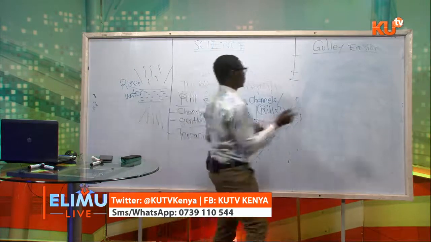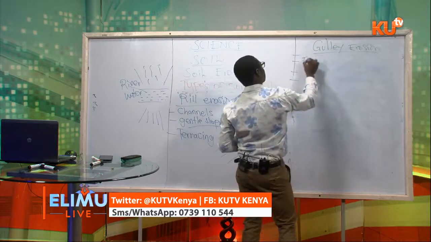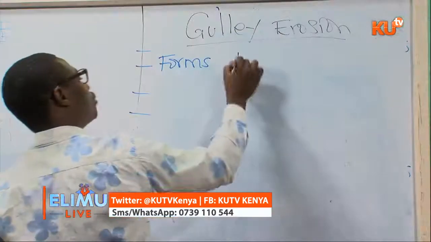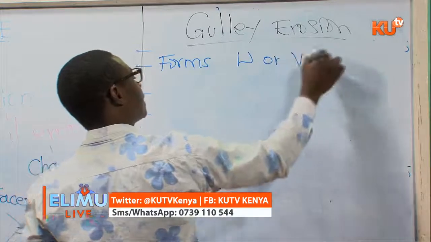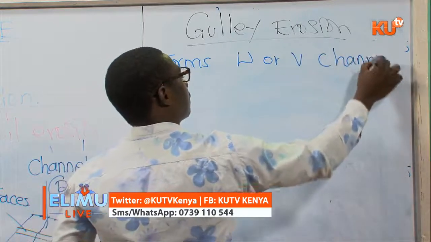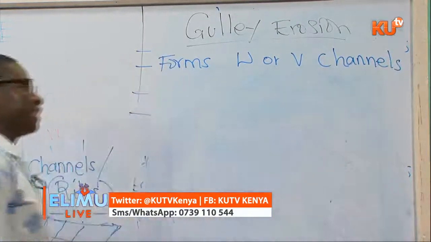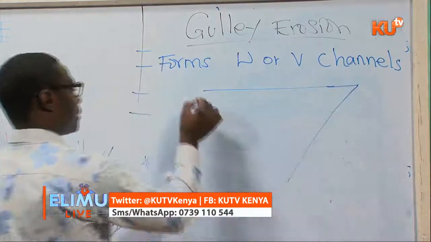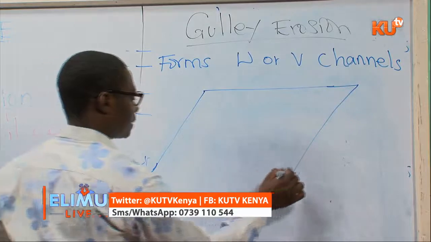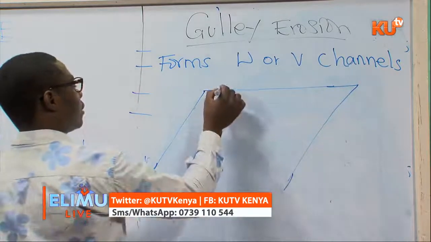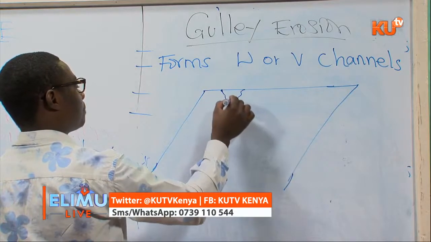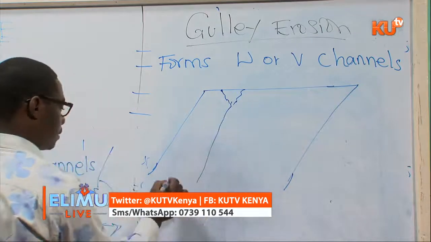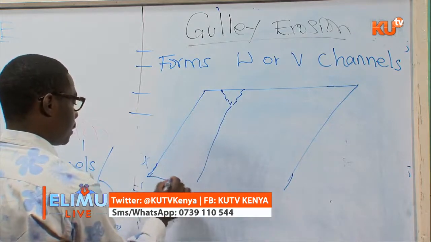So gully erosion forms U or V channels on the ground. So if this one is your ground or your land surface, then we'll have either V-shaped terraces or depressions.